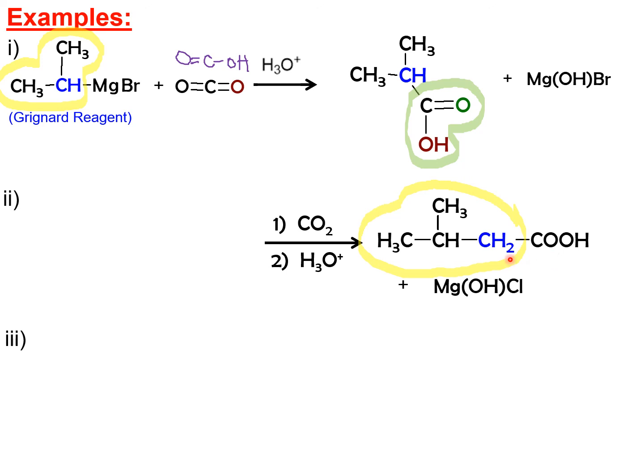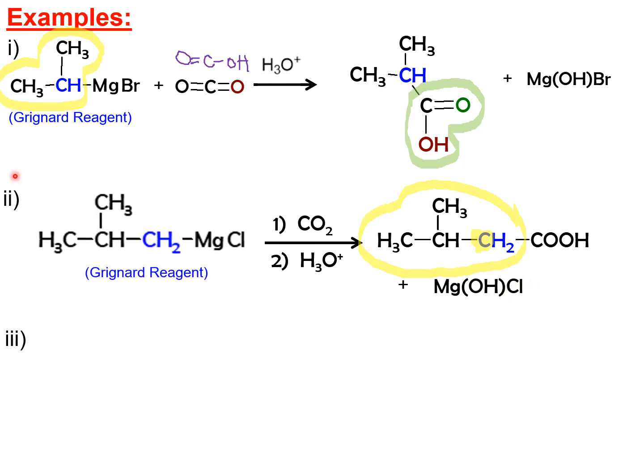That means, this carbon atom previously, dia directly attached pada Mg halogen, MgX. So, this is the halogen yang digunakan ialah Cl. Therefore, this is the possible Grignard reagent yang menghasilkan this carboxylic acid. Okay? Because, previously this alkyl group directly attached pada Mg halogen Cl.